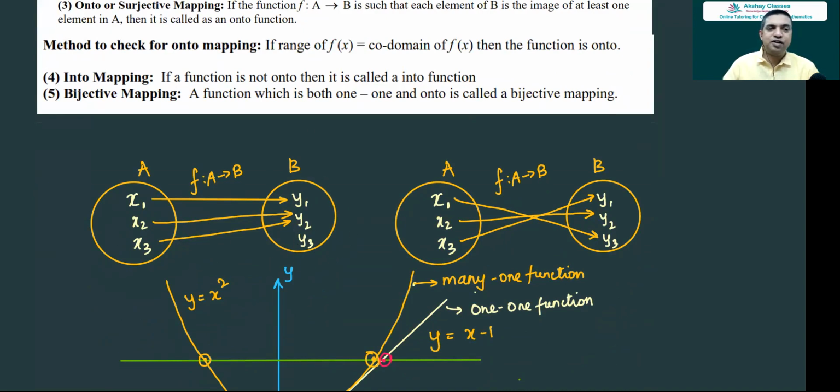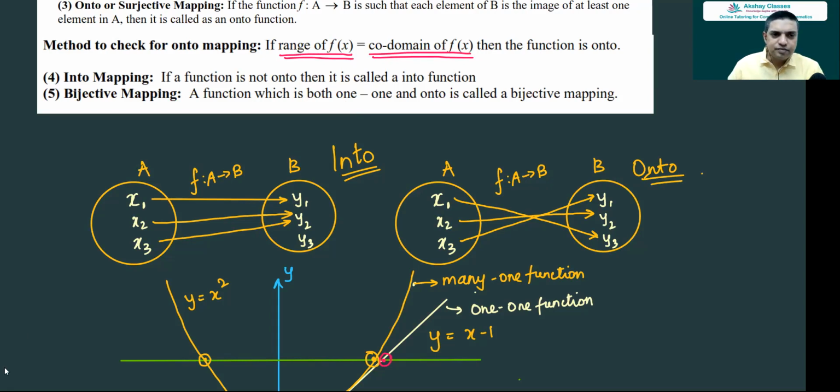So here y3 is left over. So this is not an onto but an into function. Whereas here y1, y2 and y3 all are mapped. So this is an onto function. For an onto function, the range is equal to the codomain. That is an onto function.